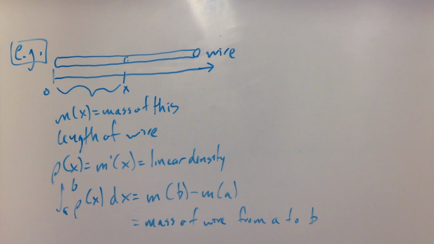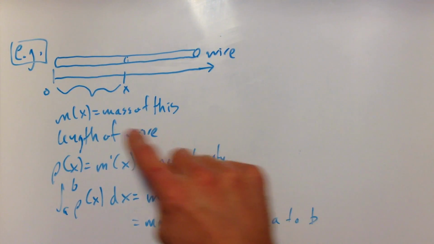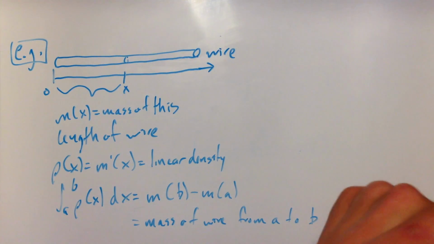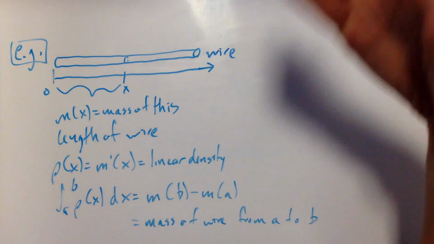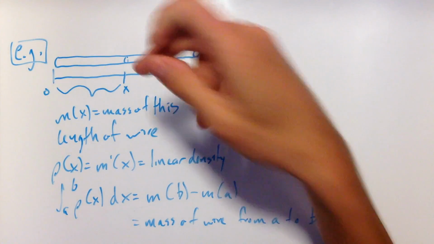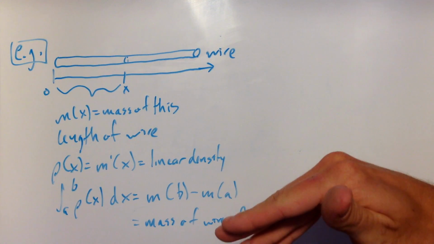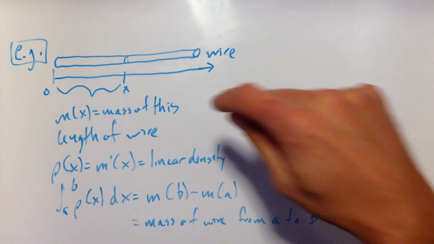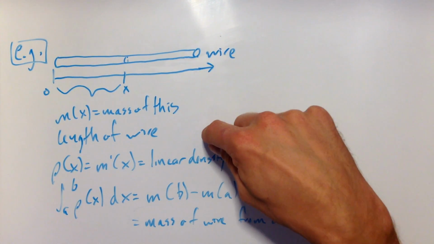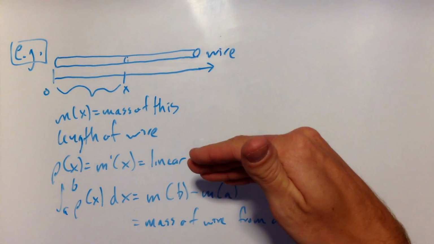When we take the derivative of m of x, we get something called the linear density. Let's think about what the units are here. M is a function of mass, so its units are measured in mass. X is some length, a unit of distance. So the derivative is the change in mass with respect to the change in length, and its units are mass over length.